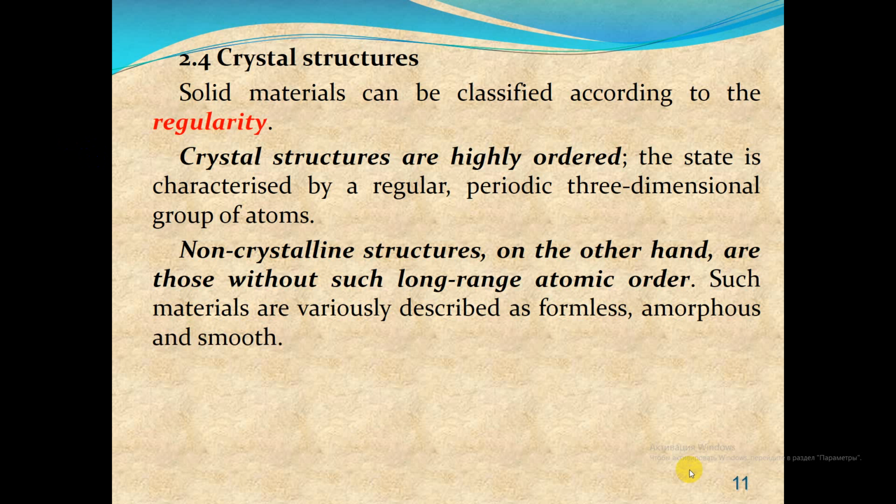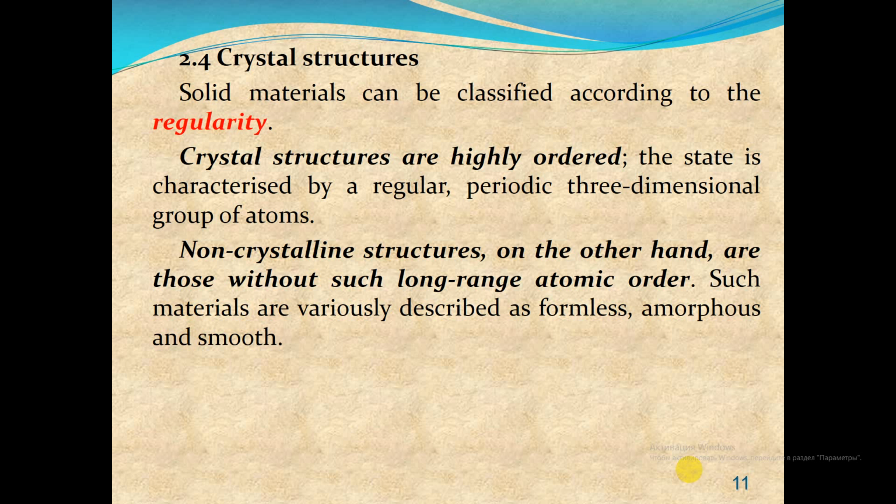About crystal structures. Solid materials can be classified according to the regularity or otherwise with which the atoms and ions are arranged relative to one another. Crystal structures are highly ordered.